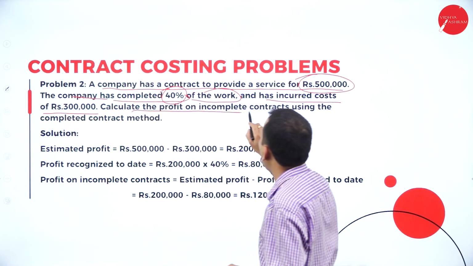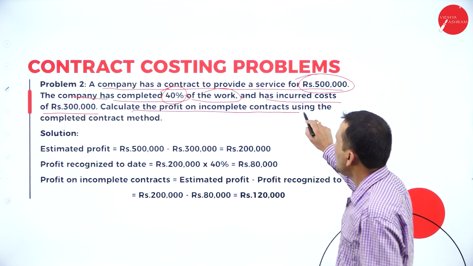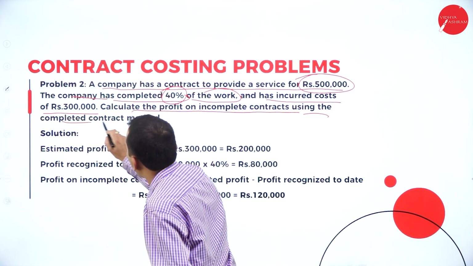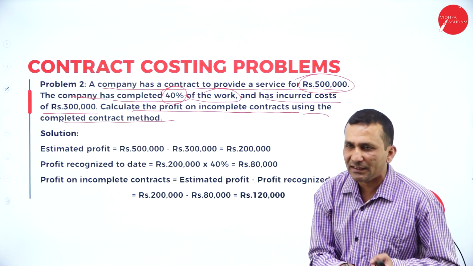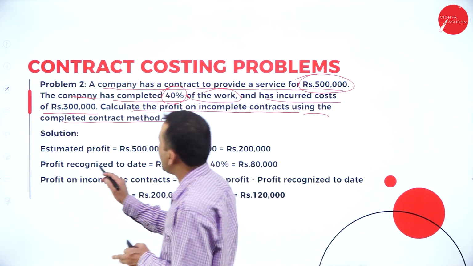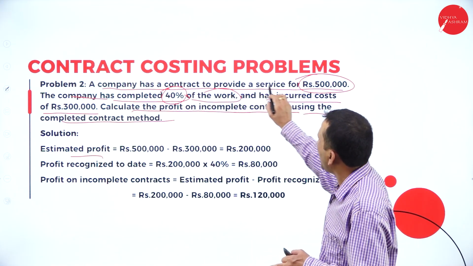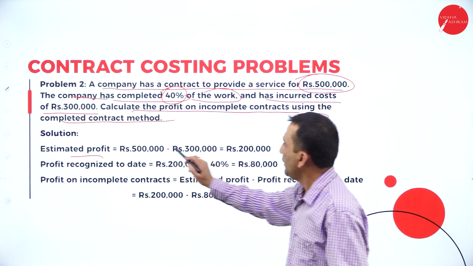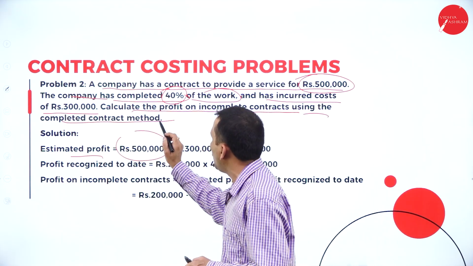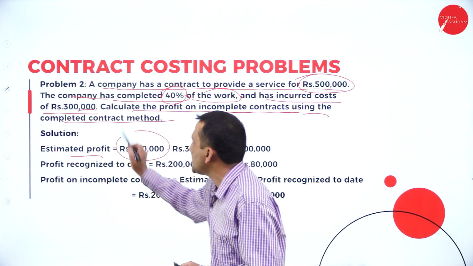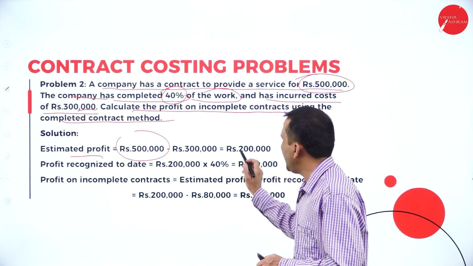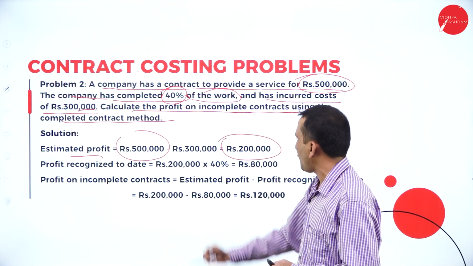Calculate the profit on the incomplete contract using the completed contract method, the second method. So here, the company has a contract of 5 lakhs. From the 5 lakhs you need to subtract the cost incurred. So easily we can get the estimated profit, 2 lakh.